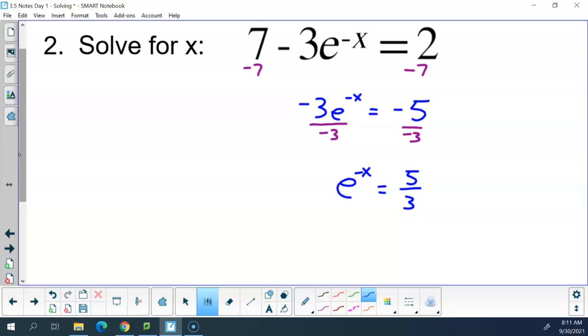Well, what's log base e? Natural log, right? So this is just natural log. Instead of writing log base e, we write natural log. What's my argument? 5/3. What's my exponent? -x, right? Now on your funky calculator, I think if you go in that log, if you scroll down, that's where you get the natural log.